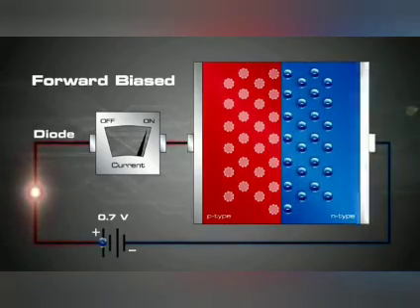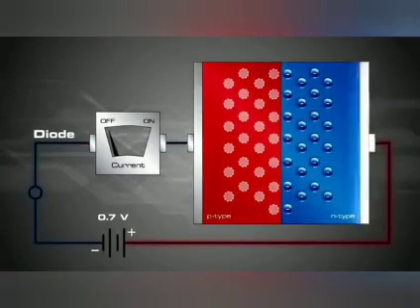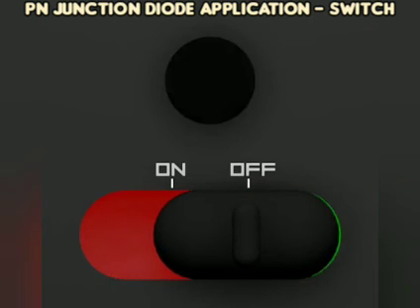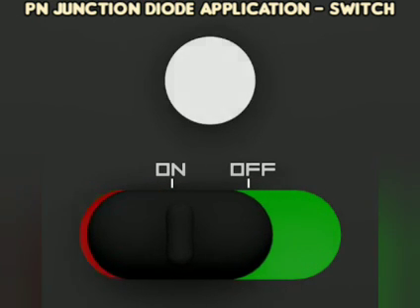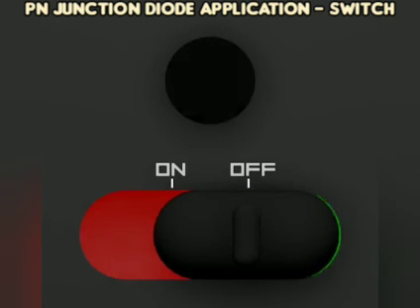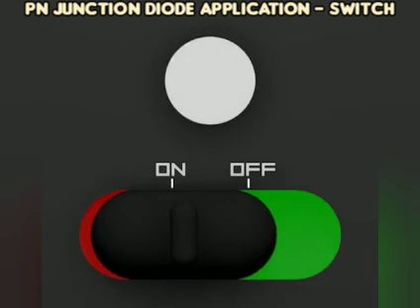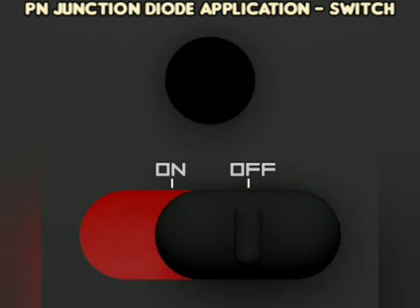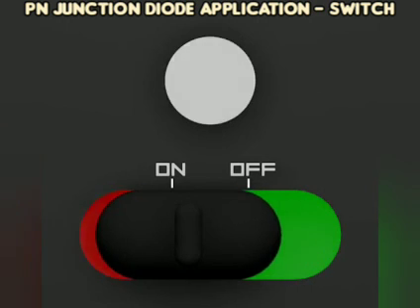Before getting into the topic of discussion, let us have the real-time application of this PN junction diode. Let us not go into detailed applications, but the daily life real-time application of the PN junction diode is the switch.